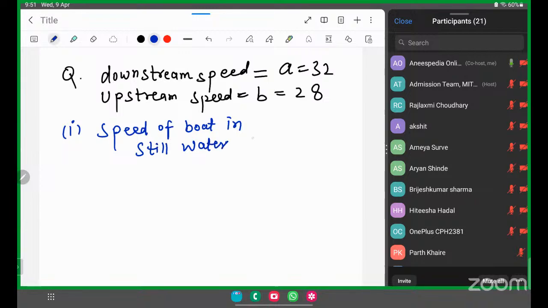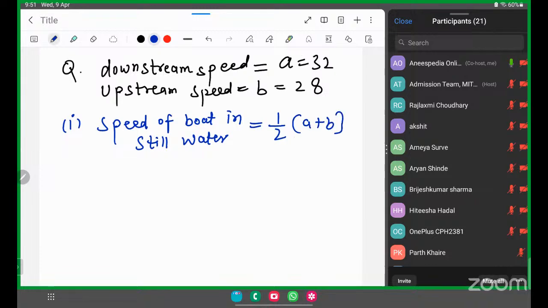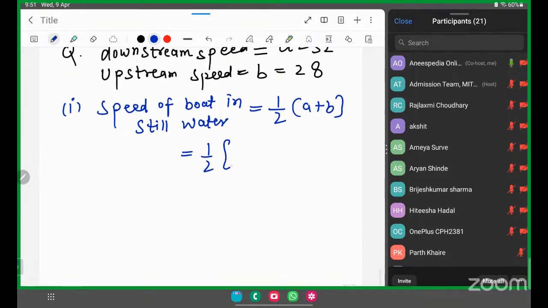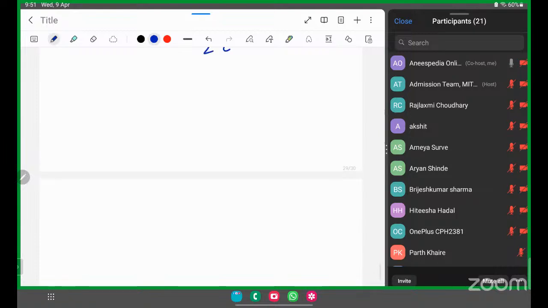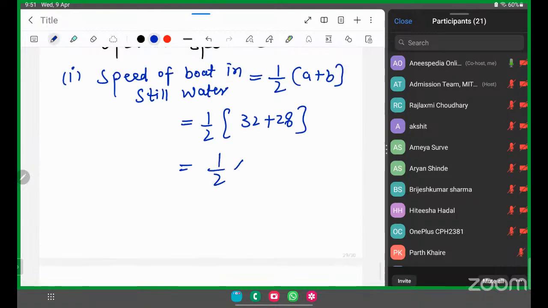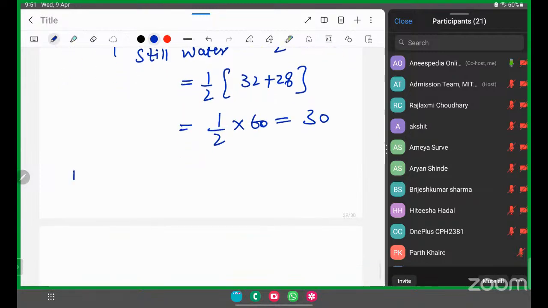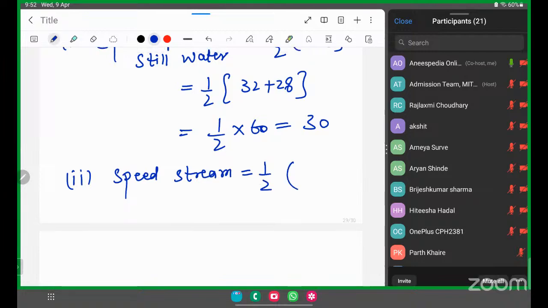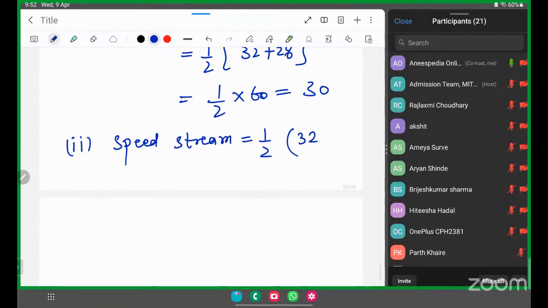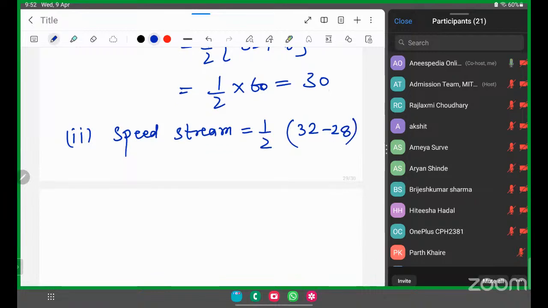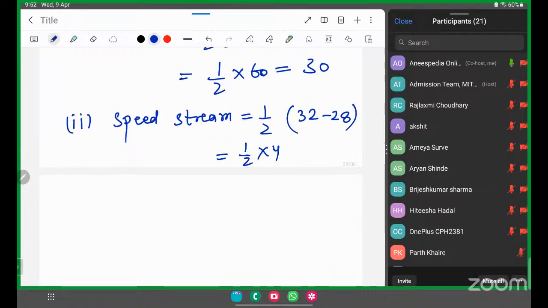So speed of boat in still water will be given by half of A plus B. So that will be half of 32 plus 28. This will be how much? 1 by 2 into 60, that is 30 unit. And if you want to know what is the speed of the stream, speed of stream will be half of 32 minus 28, that is half of 4, that is 2 unit.